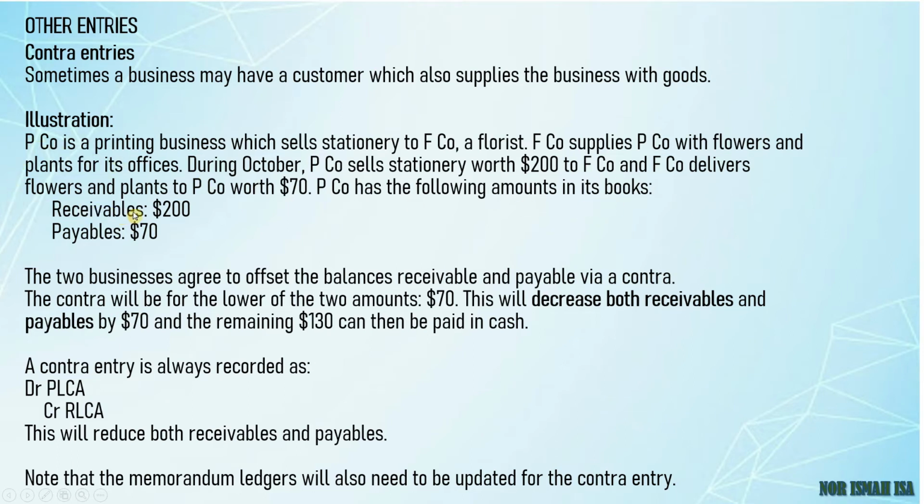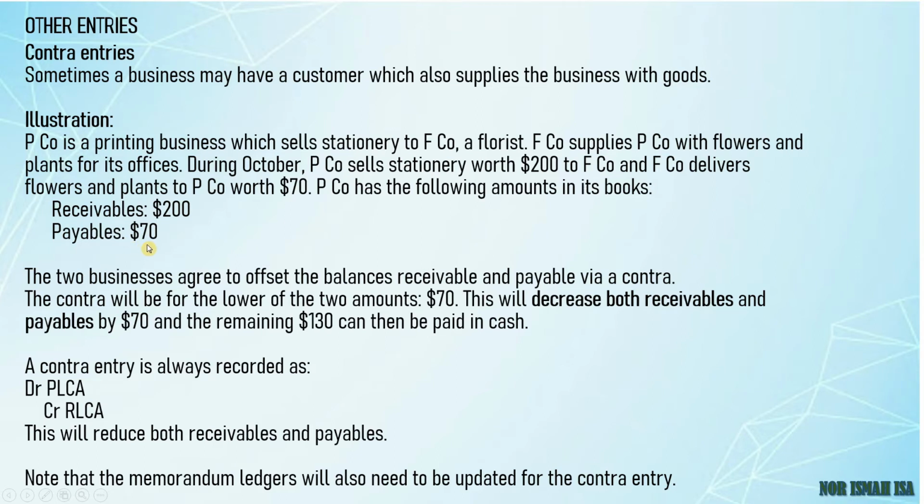P company has the following amounts in its books. F company is a receivable to P company, and also a payable for the company. As receivable, the balance is $200.